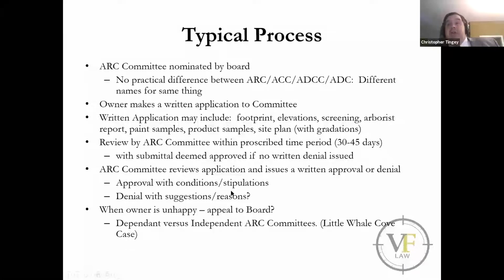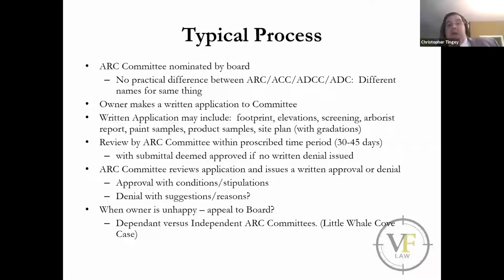So for example, we approve it upon the condition that you use a Sherwin-Williams paint as opposed to a Benjamin Moore paint. Maybe they submitted a Benjamin Moore paint chip instead of a Sherwin-Williams paint chip, and you only allow Sherwin-Williams.